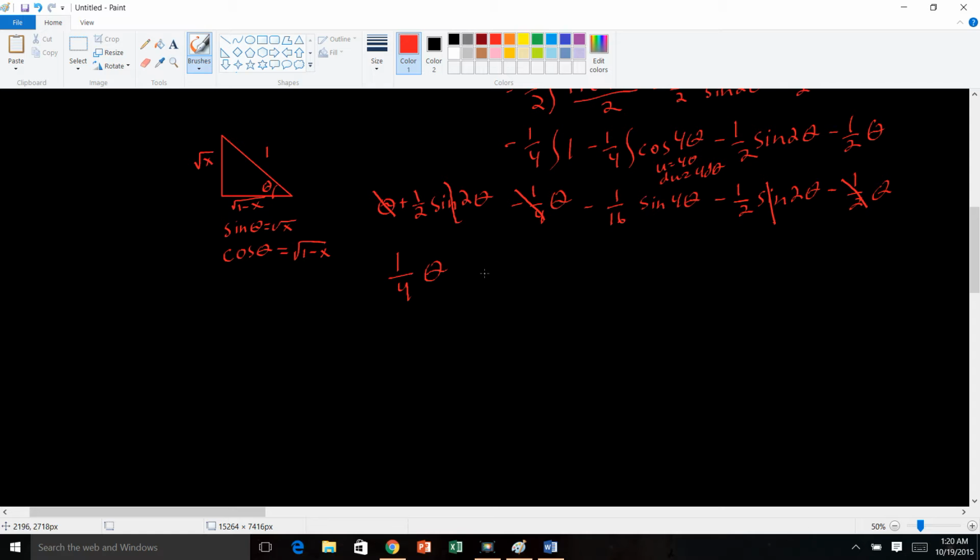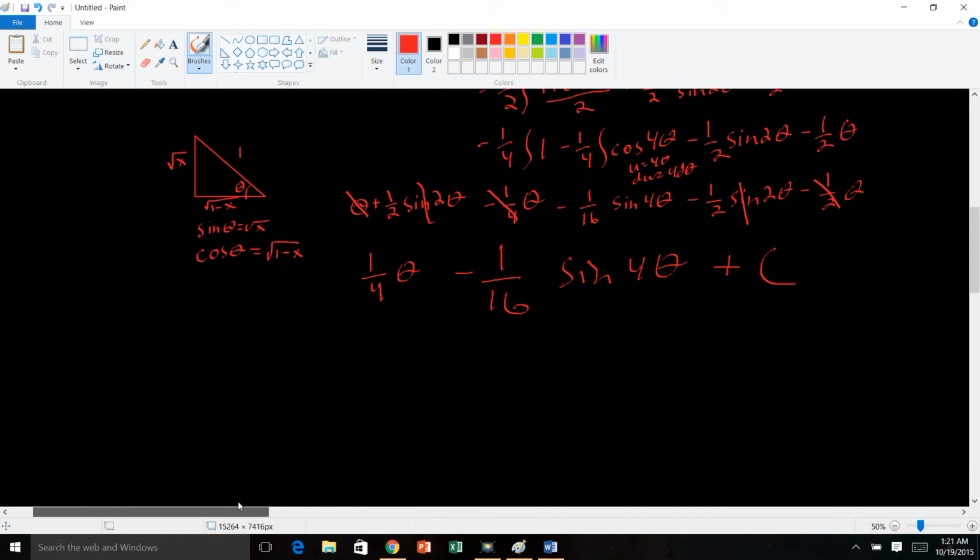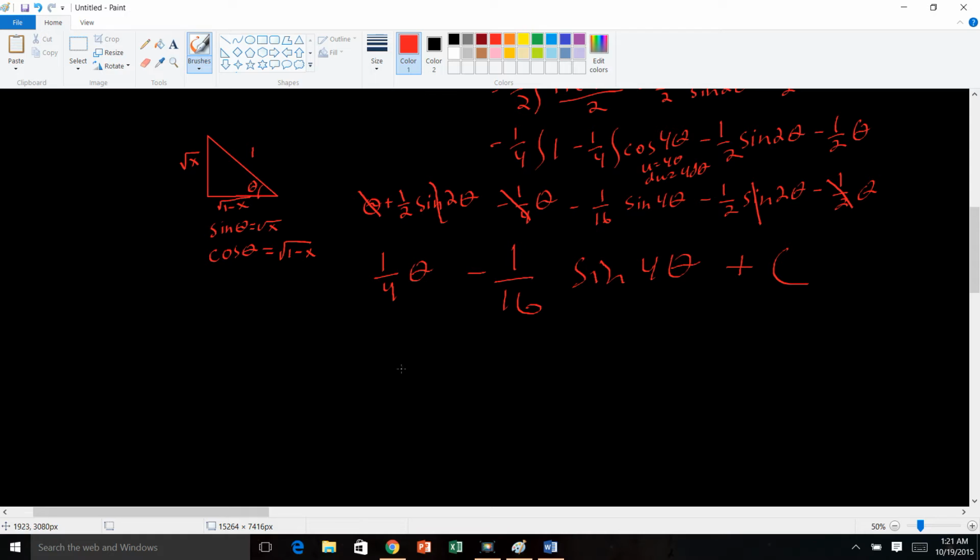And we have a minus 1/16 sine 4 theta. Let me just put this out here so you guys recognize. Alright, so we have 1/4 theta minus 1/16 sine 4 theta.